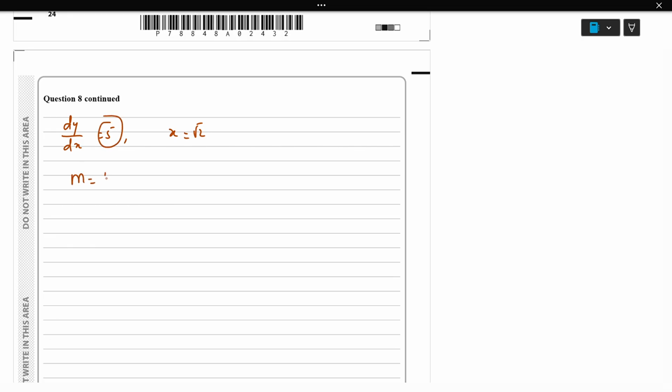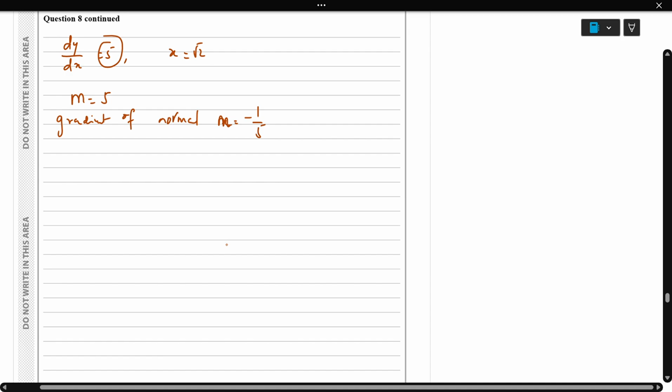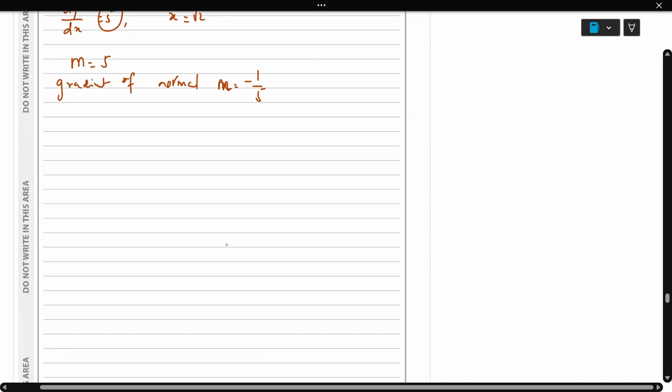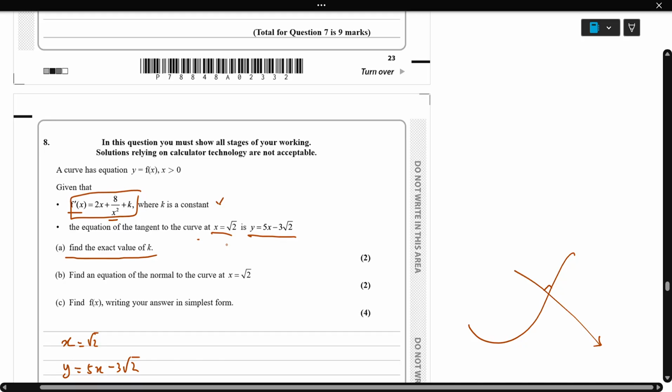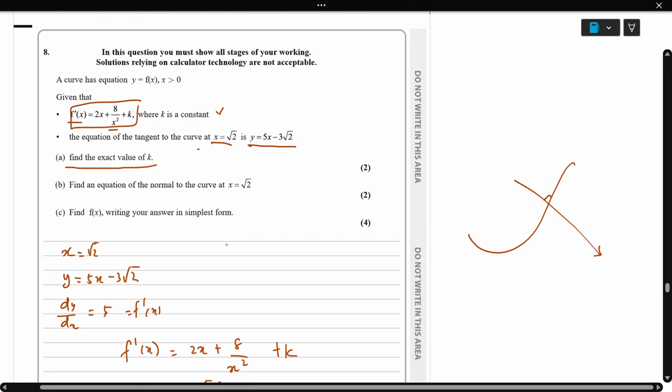So m equals 5, but the gradient of the normal is m equals negative 1 over 5, since it is perpendicular, so it is the negative reciprocal. Now we need to find the equation of the normal. We have the gradient and need the y value.